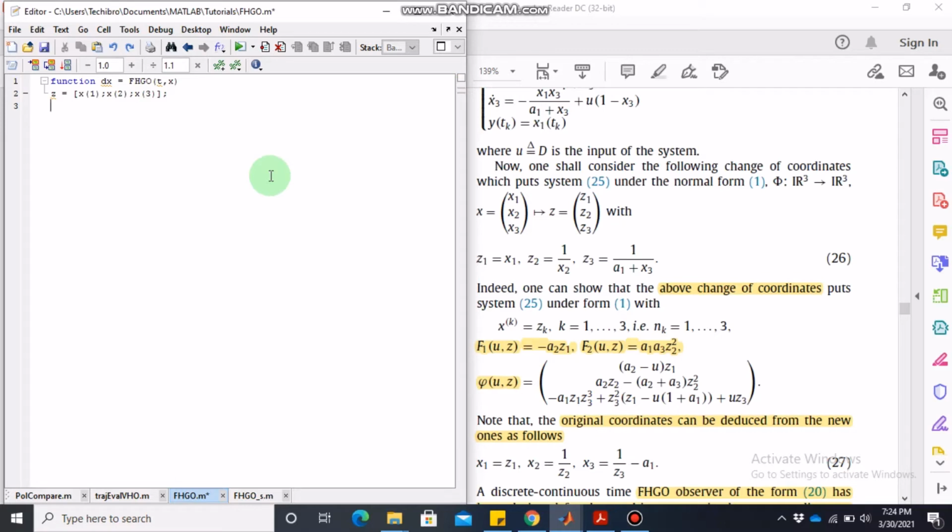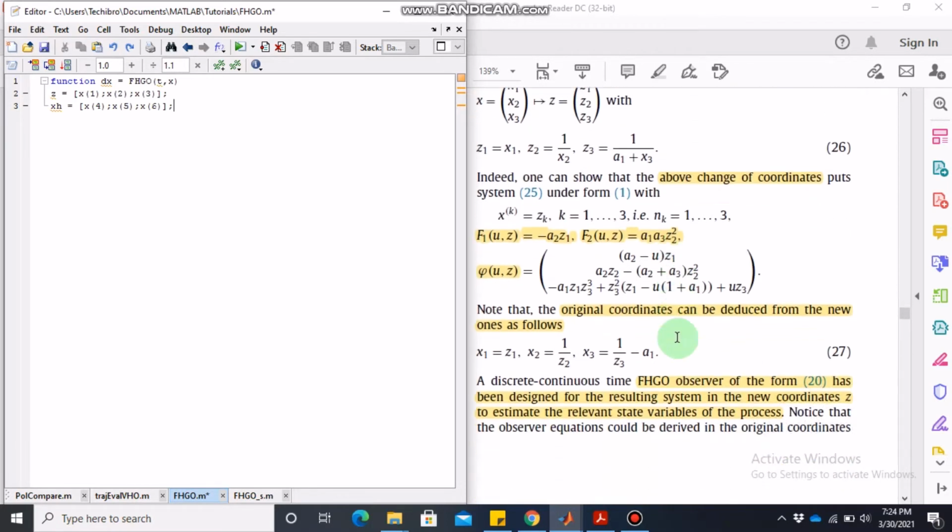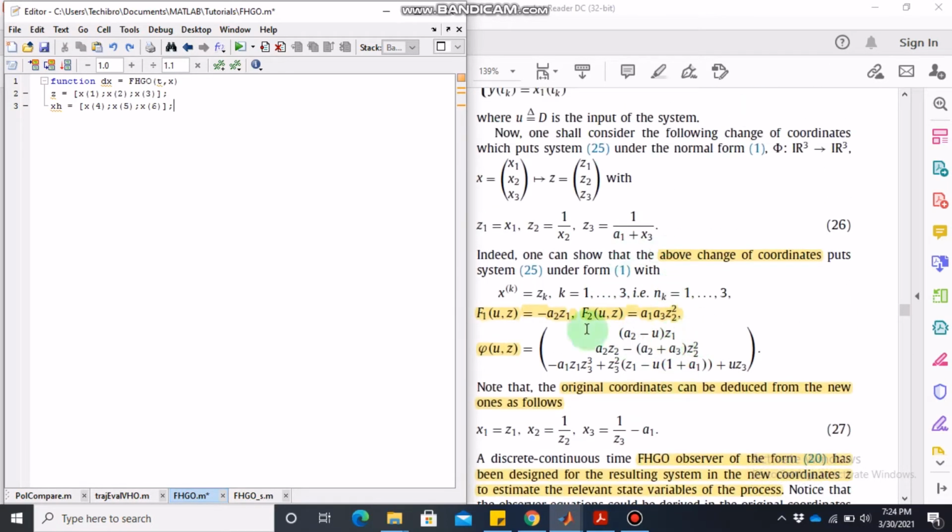Then we define the x hat, because we are going to estimate, we are going to implement the filtered high gain observer for this system of z1, z2, z3 in the paper, in our MATLAB code.